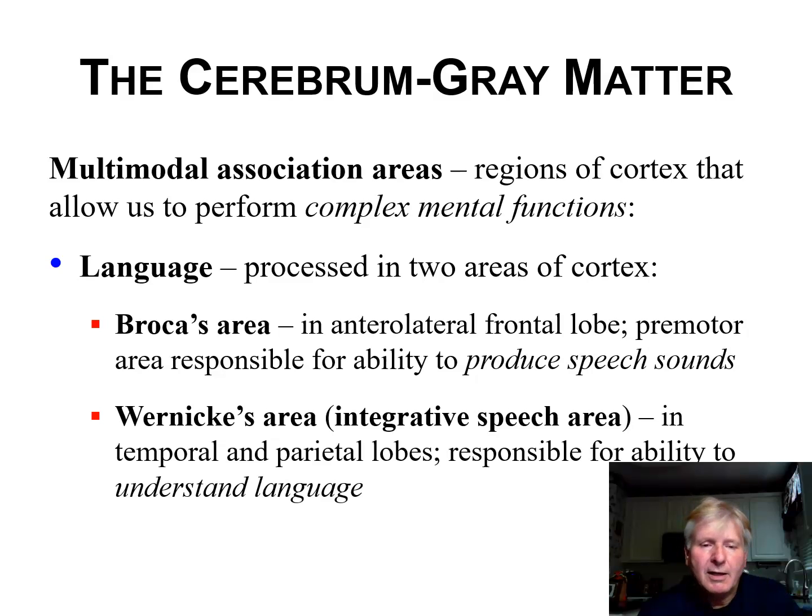It's responsible for our ability to produce speech sounds, elocution, articulating words, finding the right word for the right meaning, symbolism. Wernicke area, or integrative speech area, is located in the temporal and parietal lobes. This area is responsible for our ability to understand language. And we'll talk about this also a little bit later.